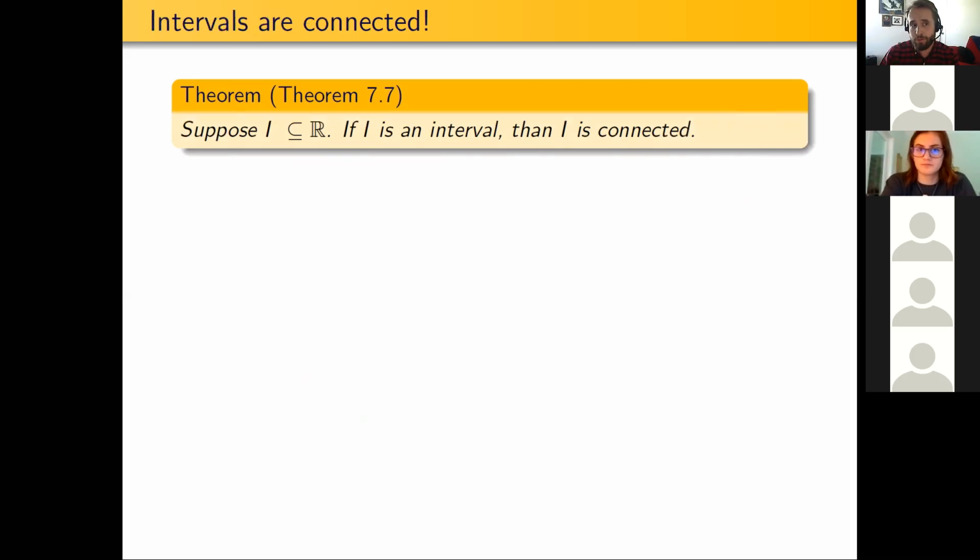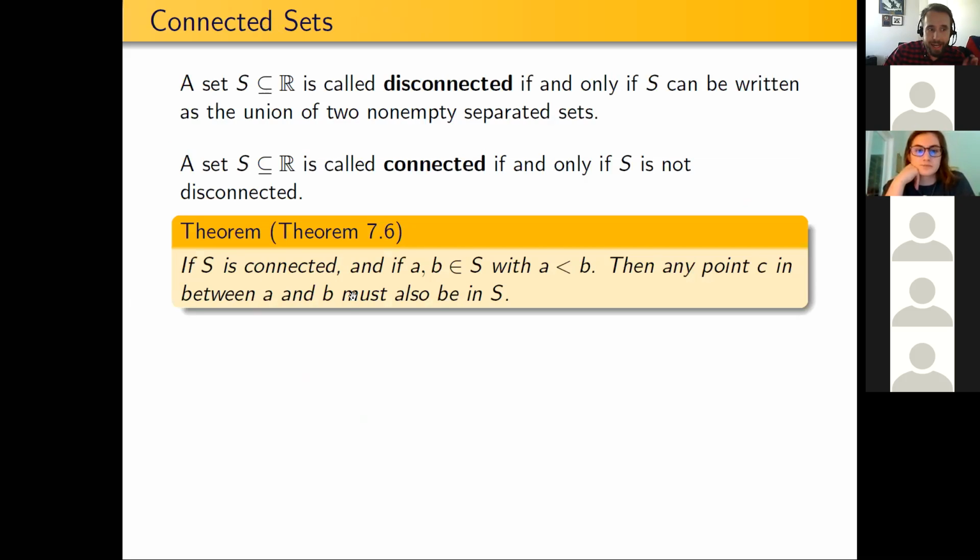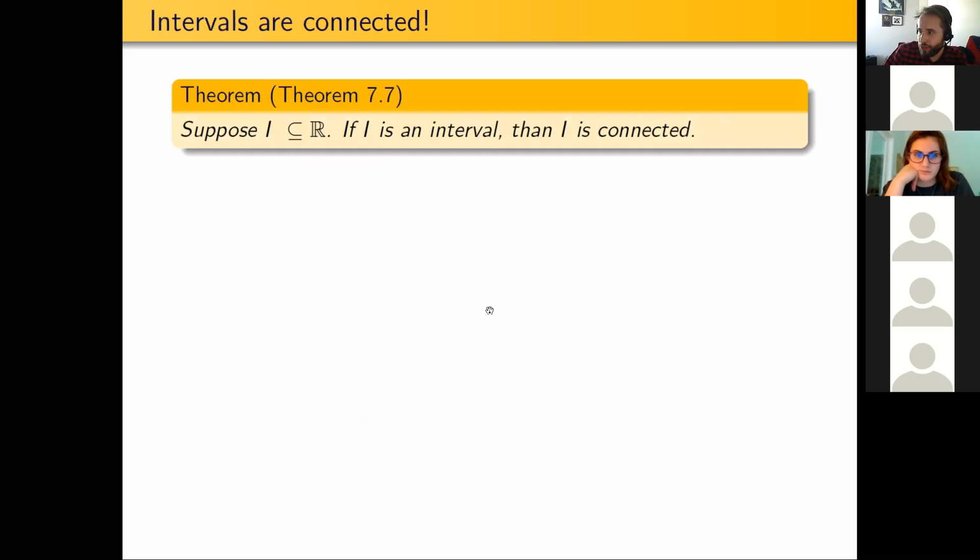So what we just proved, let's clarify the difference between this theorem and the previous one. The previous theorem said that if we had a connected set, then that connected set was an interval, which is great. But we haven't explicitly shown that every interval is actually connected.